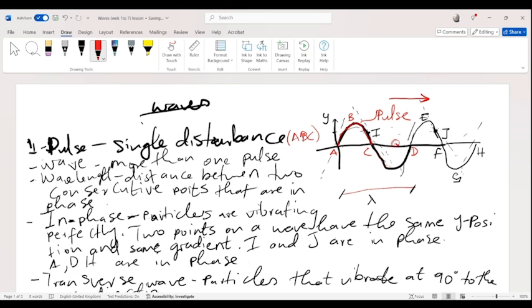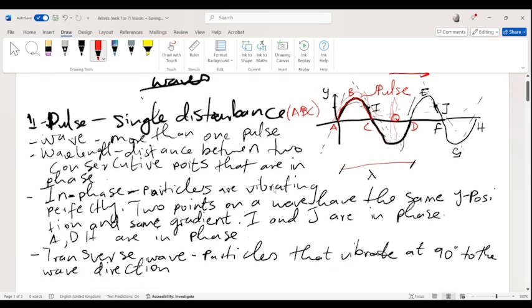If this wave is moving in this direction, when this wave comes, this ball will climb the wave, and when the wave passes, it will go down. So it will continuously do the same. Whenever the wave is moving, this particle will be going up and down, up and down. So that is why we call this wave a transverse wave.